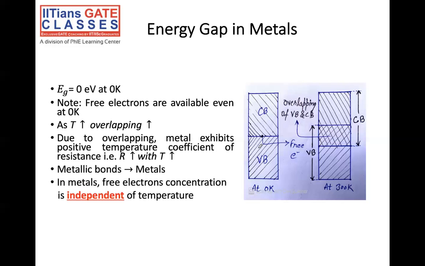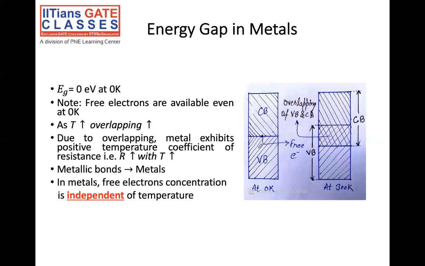So the mean free path of the electron reduces because the probability of collision with the atoms increases. So the resistance increases, means more collisions occur as compared to the lower temperature. So as temperature increases, the number of collisions increases, so resistance increases.